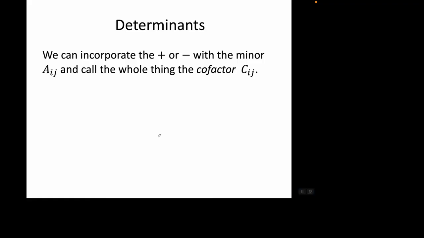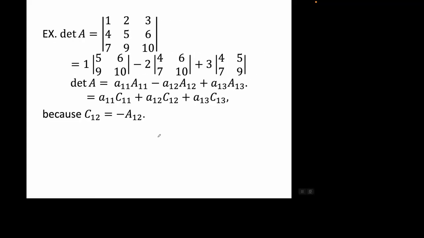We can incorporate the plus or minus with the minor a sub ij and call the whole thing the cofactor, c sub ij. So the cofactor is just a sub ij with the plus or minus in front. So in this case, we saw earlier the determinant was this, little a11, capital A11 minus little a12, capital A12 plus little a13, capital A13.